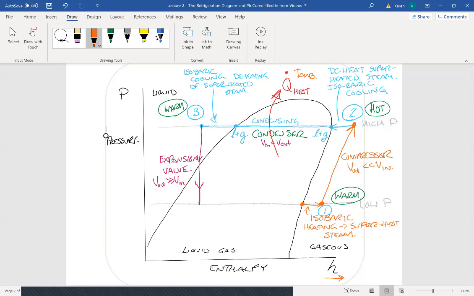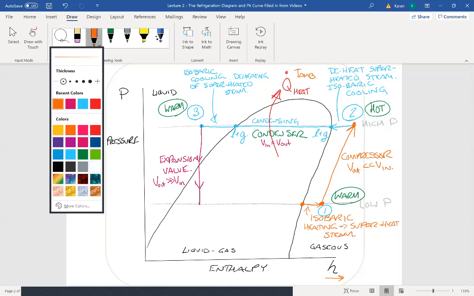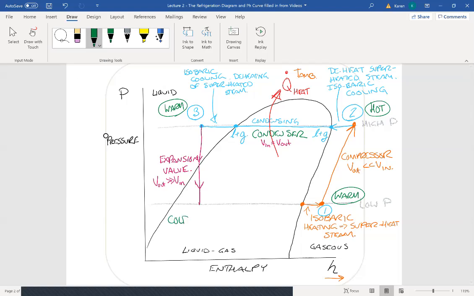Anyway, so I'm expanding this, and because of the ideal gas laws, expansion is going to decrease the temperature considerably. So then now you're going to have cold, very cold temperature working fluid.